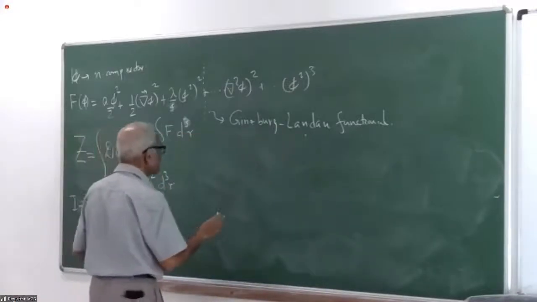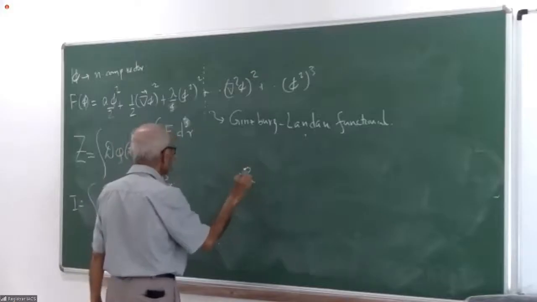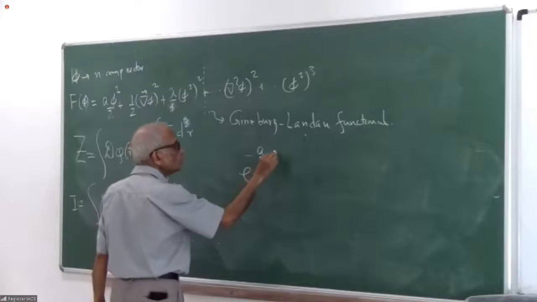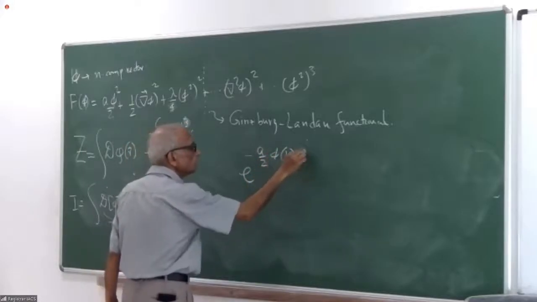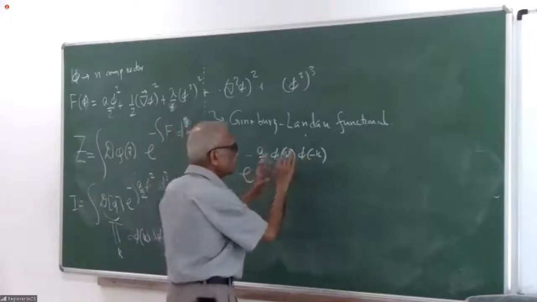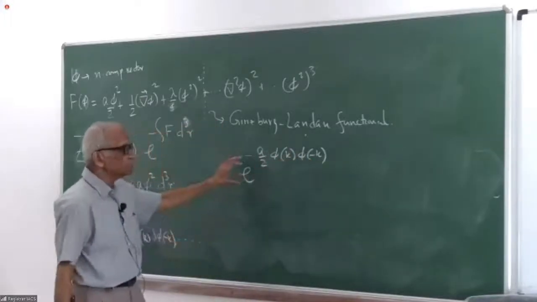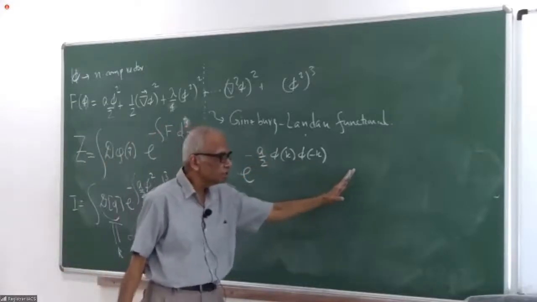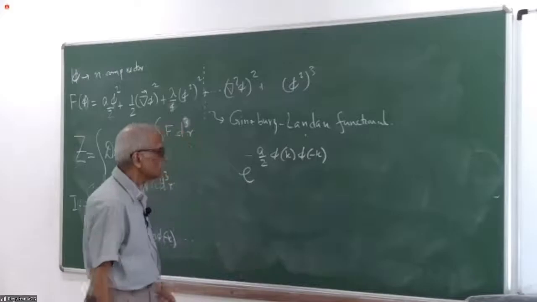It is e to the power minus a over 2 phi k phi minus k. And then for a given k, it is this, and another k has a similar factor over here, similar factor over here, similar factor over here.